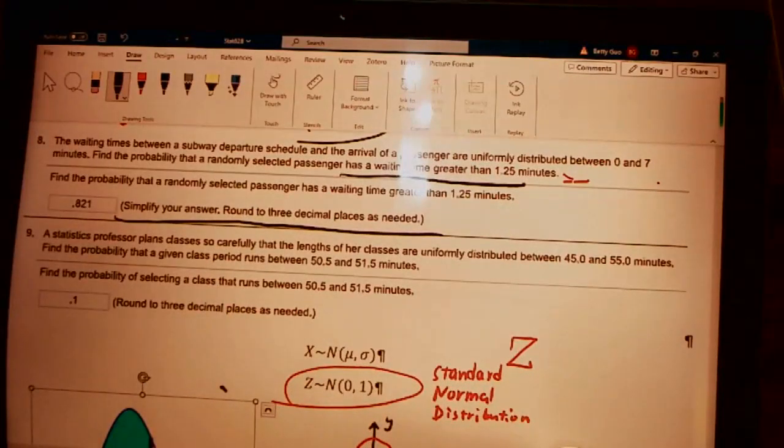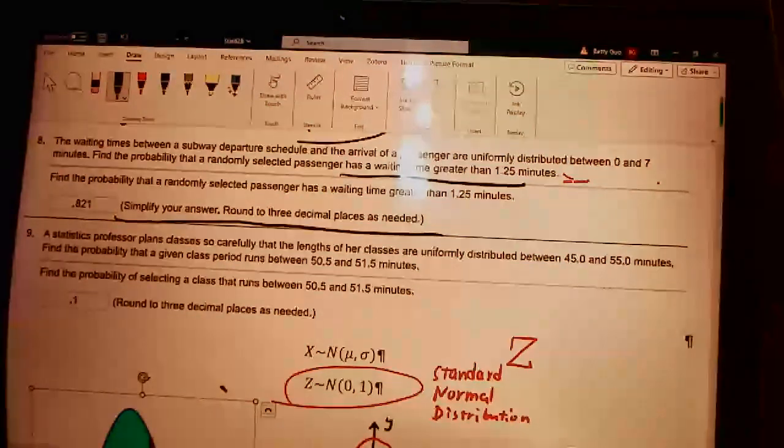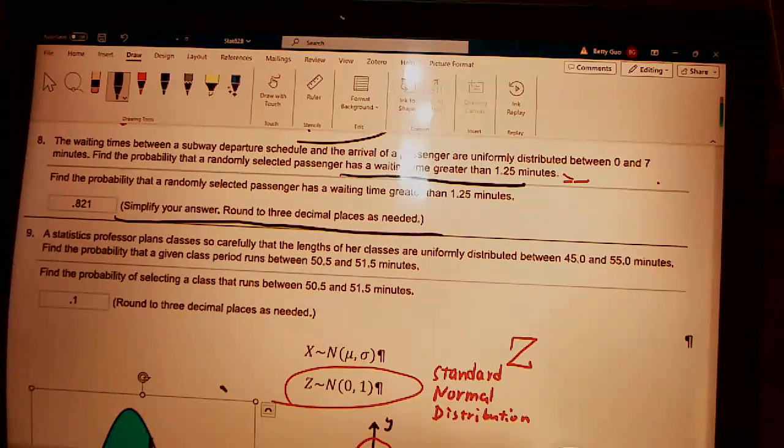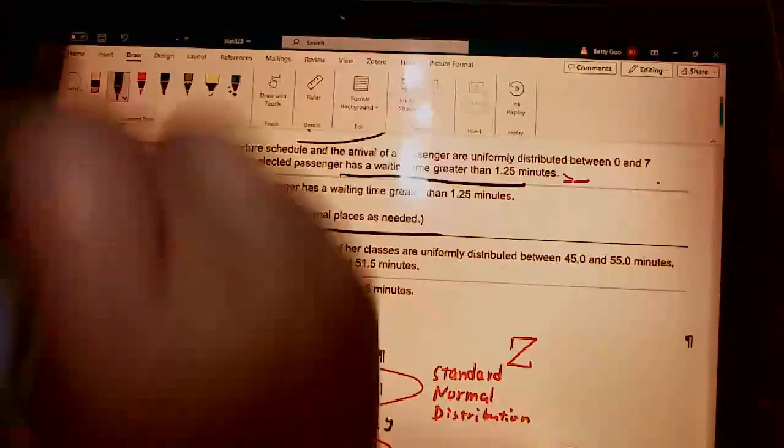A statistics professor plans classes so carefully that the lengths of her classes are uniformly distributed. Like a subway schedule, that means good, right? Very consistent. They are uniformly distributed between 45 and 55 minutes.